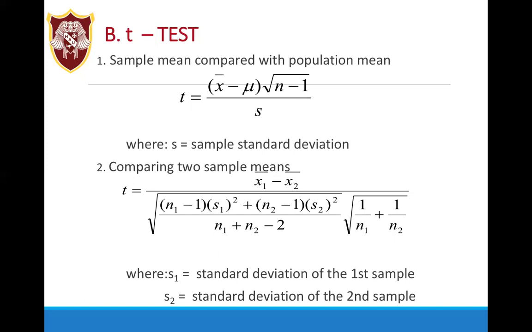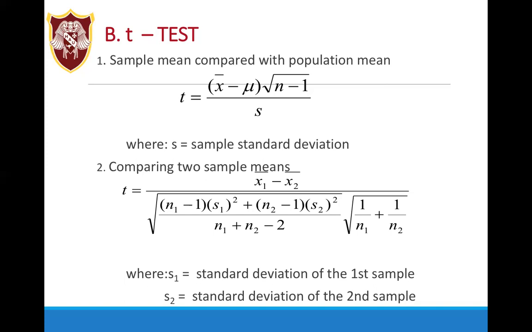So t is equal to the difference of the two sample means divided by the square root of the first sample size minus 1 multiplied by the sample standard deviation of the first sample squared plus the quantity n sub 2 minus 1 multiplied by the square of the standard deviation of the second sample, all over n sub 1 plus n sub 2 minus 2, which is actually the degrees of freedom, no?